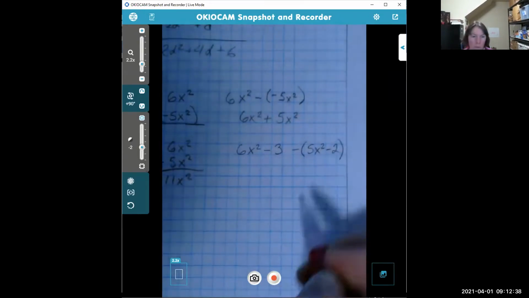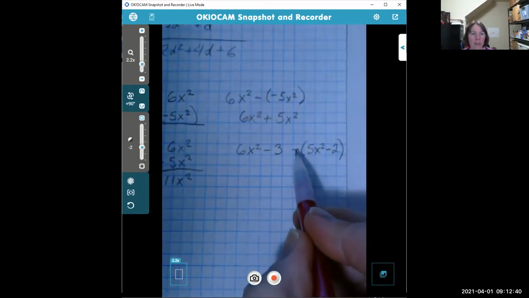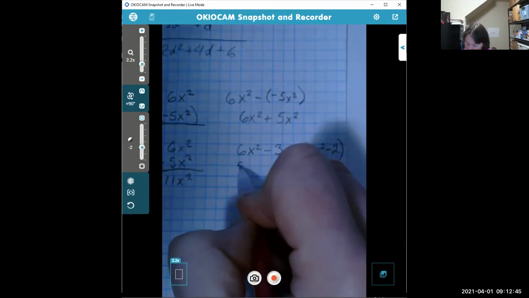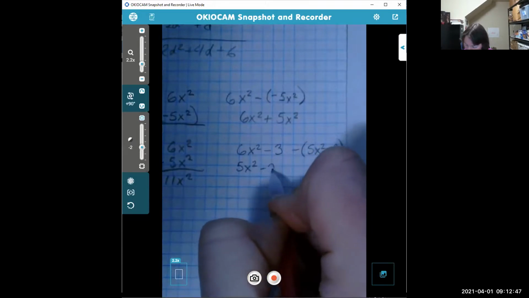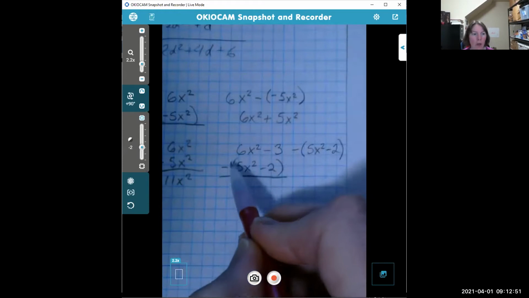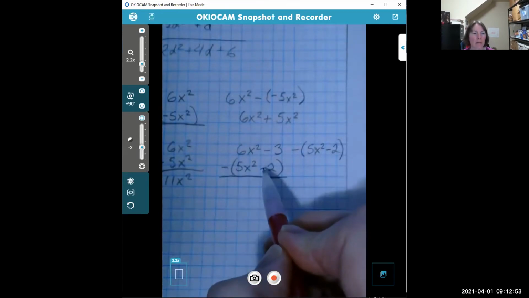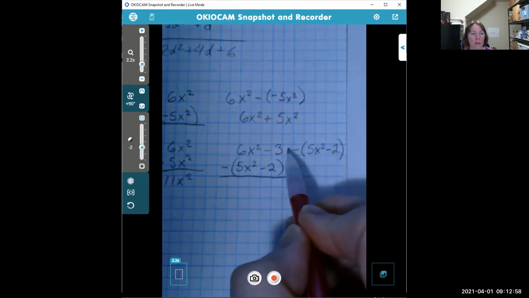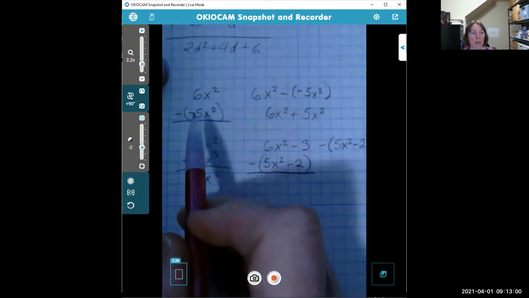minus 2, right? Now there's a lot more distance between this negative sign and this negative sign. And now when I stack it, and I'm still subtracting, now it's harder to remember that this negative sign and this negative sign are still connected in the way that they were here. But it's really the same thing.